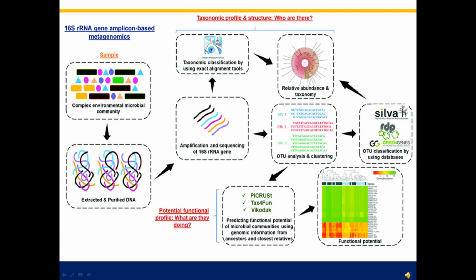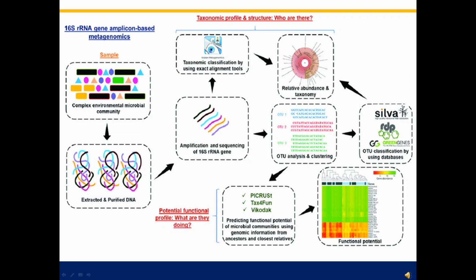That's one way of doing relative abundance, by going through OTU analysis and clustering, or directly we can do a taxonomic classification by using alignment tools, as one can do with BLAST, though it's a tedious process. The simple steps are: once the amplification and sequencing of the 16S rRNA gene is done, we go for OTU analysis and clustering, then OTU classification using a reference database, and then relative abundance to give a taxonomic classification.